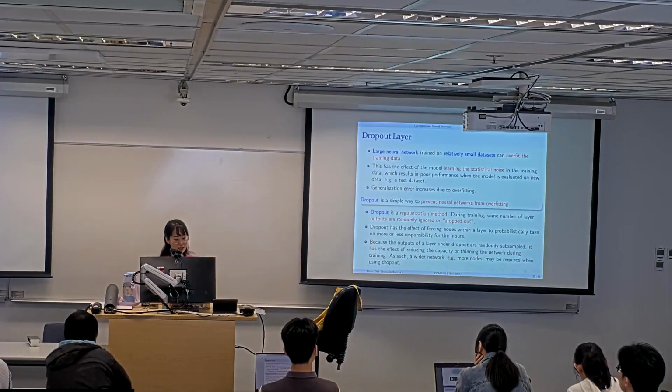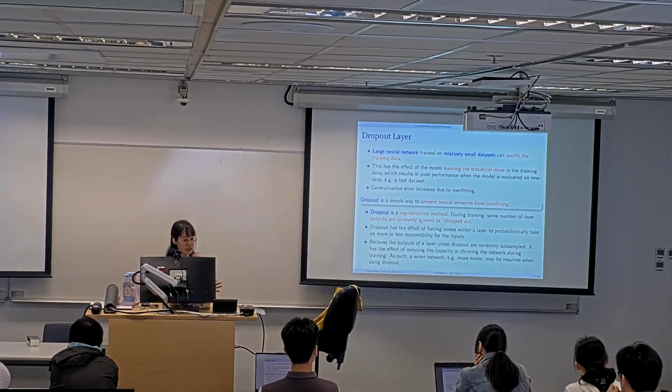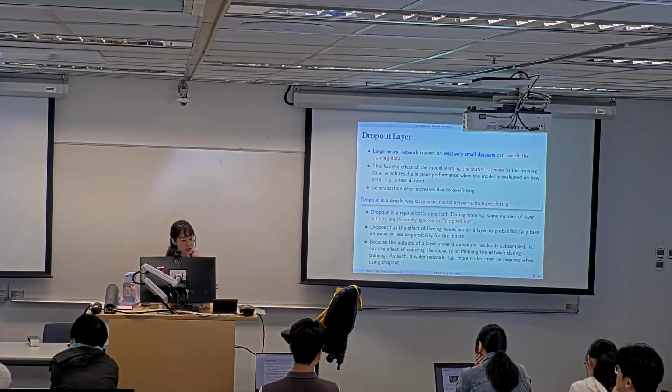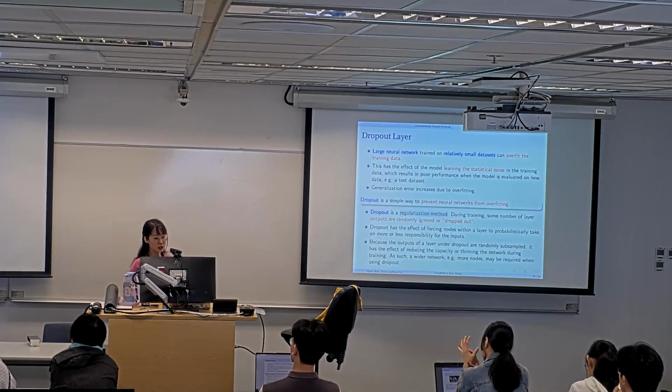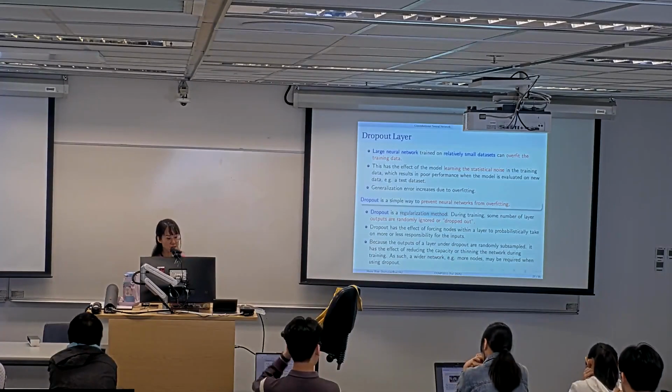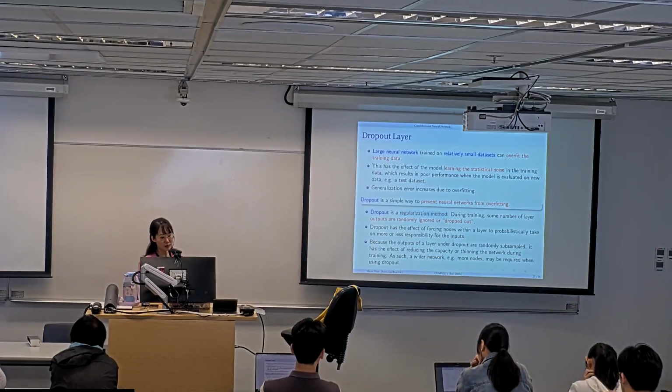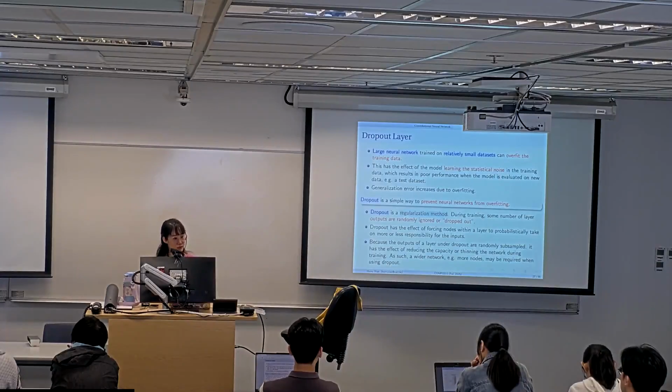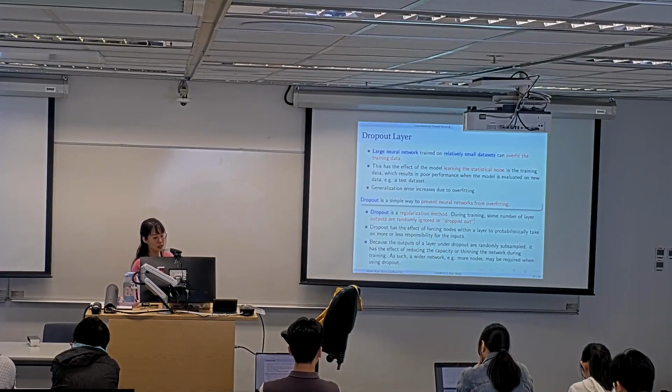Even though we call it the dropout layer, formally it's a regularization method. During training, we randomly drop out some number of layer outputs, just randomly ignore them. Dropout has the effect of forcing the nodes within a layer to probabilistically take on more or less responsibility for the inputs, because some of them will just be ignored.